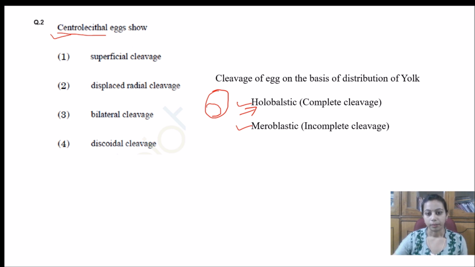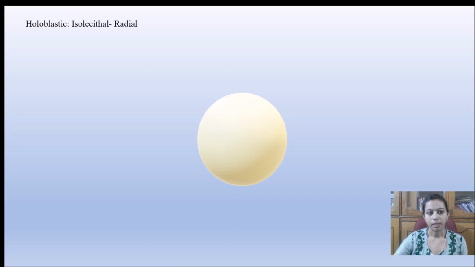So let's start with the first type of cleavage, which is the holoblastic cleavage. In case of holoblastic cleavage, isolecithal means what? The yolk is evenly distributed throughout and it is very sparse in amount, and in such a condition radial cleavage takes place. Suppose this is the egg. What will happen here?